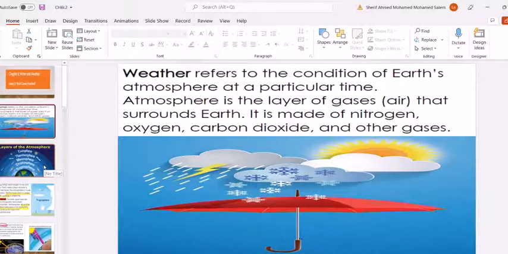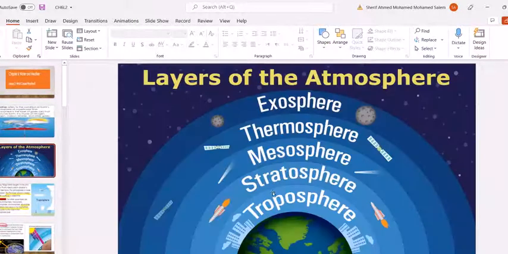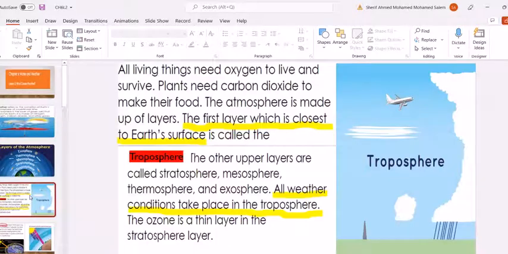And also, it has many layers: troposphere, stratosphere, mesosphere, thermosphere, exosphere. The first one, troposphere, is the closest layer to the Earth's surface, and most of the changes in the atmosphere happen in this layer. All the weather conditions take place in the troposphere.